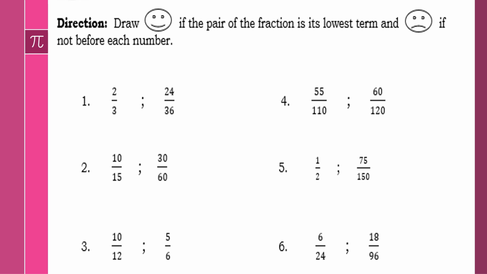Okay, so here draw a smiley face if the pair of fractions is in lowest term and a sad face if not, before its number. Now, here the GCF of 24 and 36 is 6. Okay, 24 divided by 6 equals 4. 36 divided by 6 is 6.